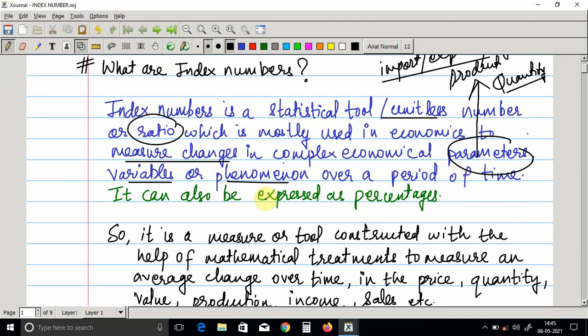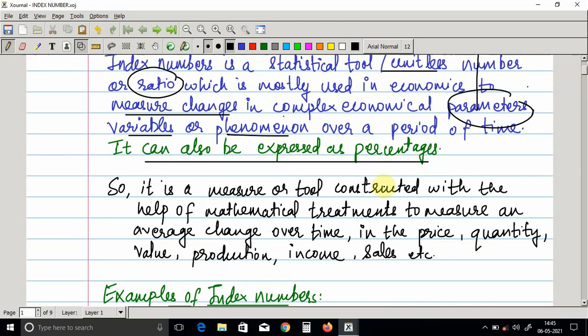So the index number will tell you the relative change in that economic parameter, and it is also expressed as a percentage. If we talk in percentages, that gives a really good idea: this much percentage of increase this year as compared to last year.